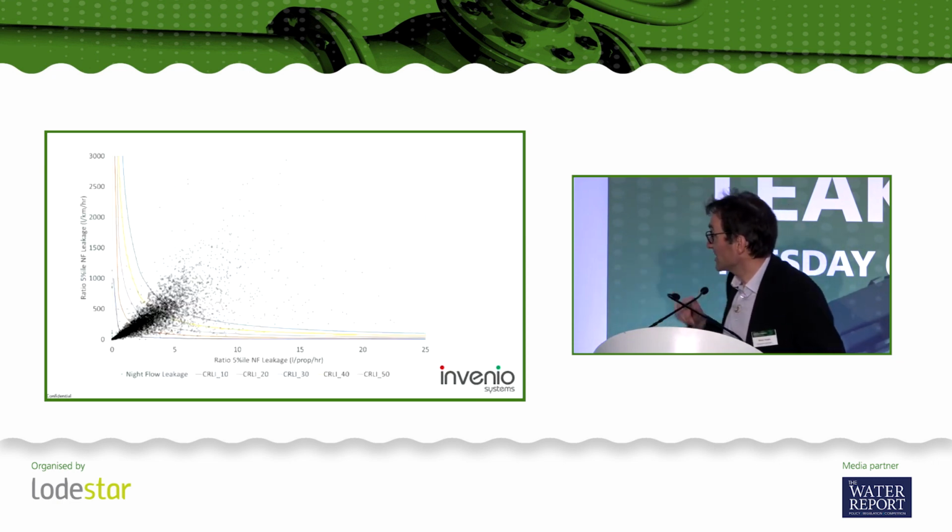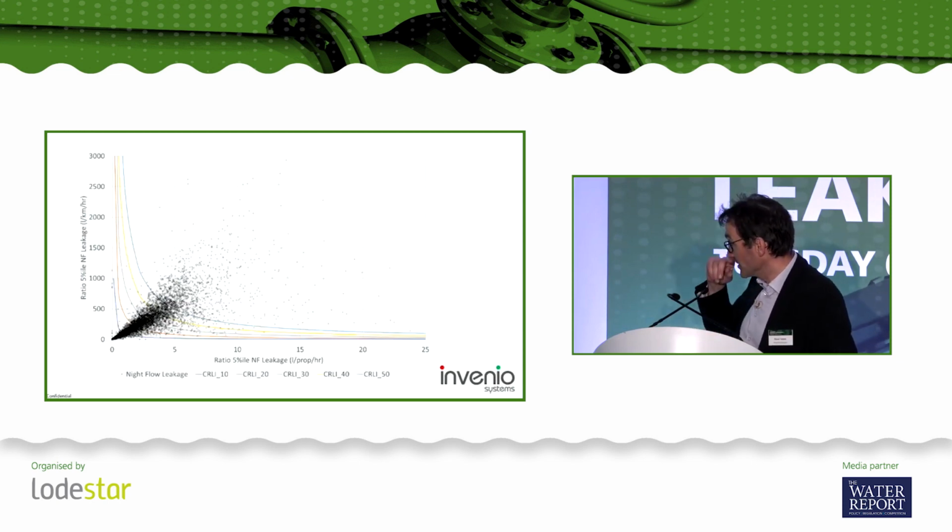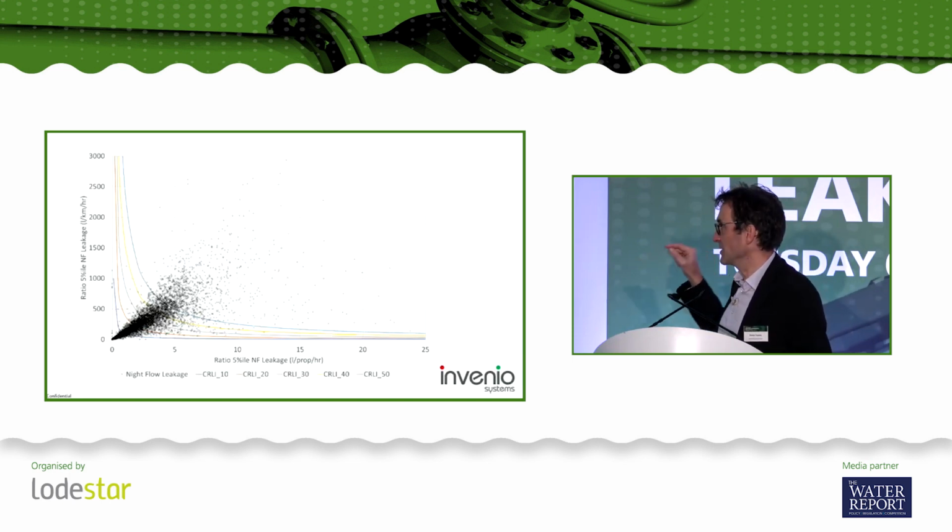So this is one representation of that stage 2 data. Each dot indicates one of these 8,000 or so DMAs. So that's our best estimate of the lowest achieved leakage level.